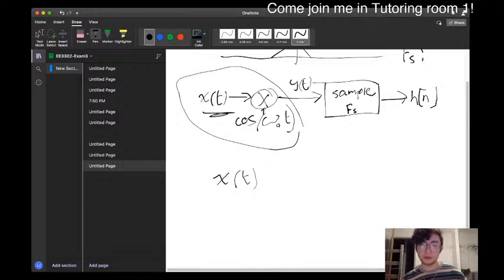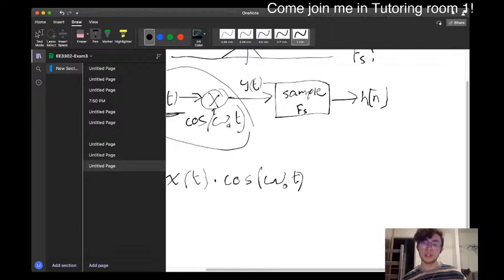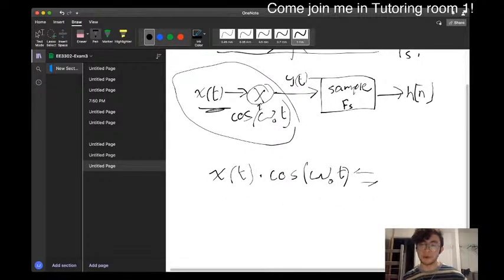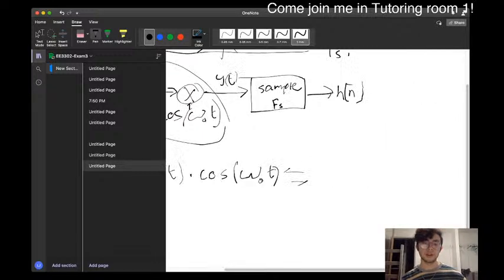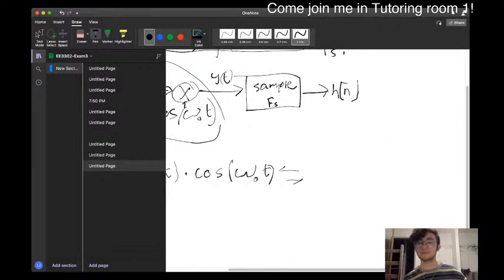So if we remember, if we multiply two signals in the time domain, we get a corresponding relation in the frequency domain. And notice that these are both time domain signals. They have t's. This is omega 0. This is just some number.